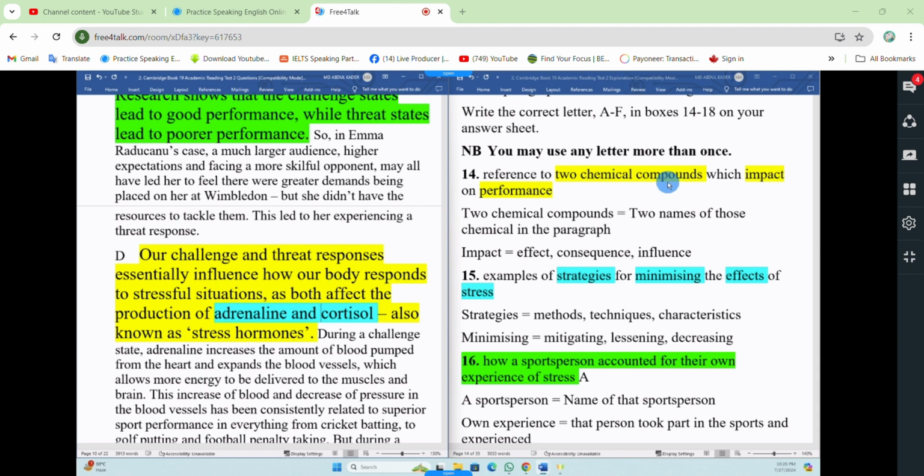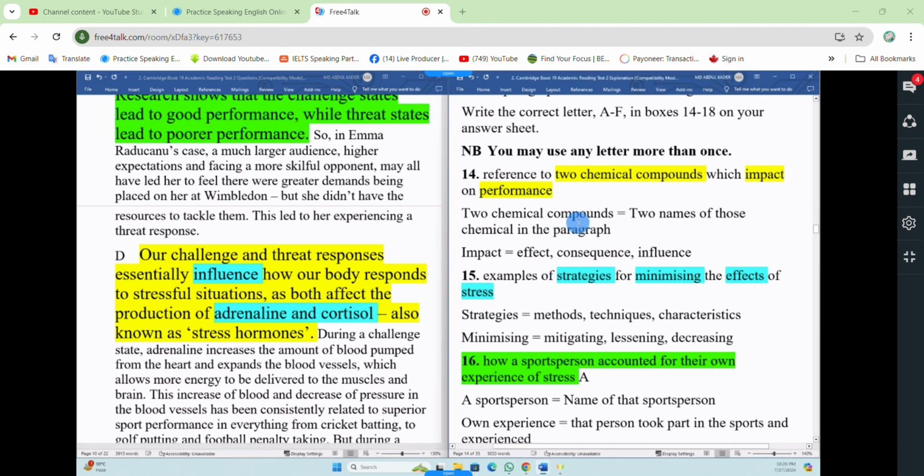So we got here two chemical compounds, right? And the word impact, as I told you before, instead of impact we will have the word effect, consequence or influence, but finally we've got the word influence here. That was the synonym of impact. So instead of impact we've got the word influence.